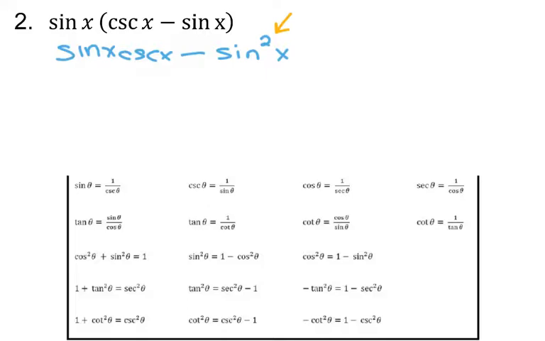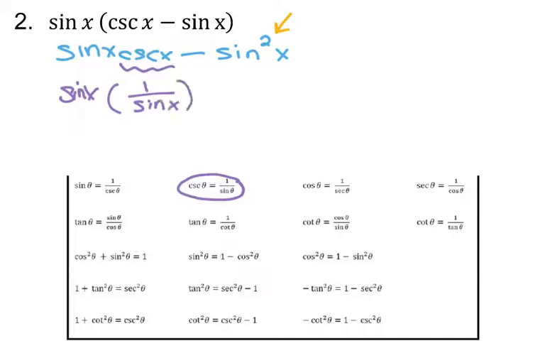All right, so at this point, I'm going to look at this and say, okay, I can take cosecant x and replace it with the reciprocal 1 over sine x. So we'll leave sine x alone here, replace this as 1 over sine x, and keep this the same. Here we go. So now we're going to be able to cancel out, reduce the numerator and the denominator, and all we're left with is 1 minus sine squared x.